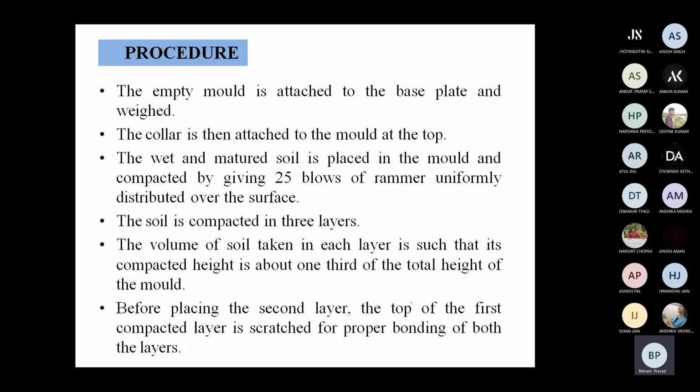Before placing the second layer, the top of the first compacted layer is scratched for proper bonding of both the layers. This is basically for forming a proper joint, cleaning it, and proper scratching.